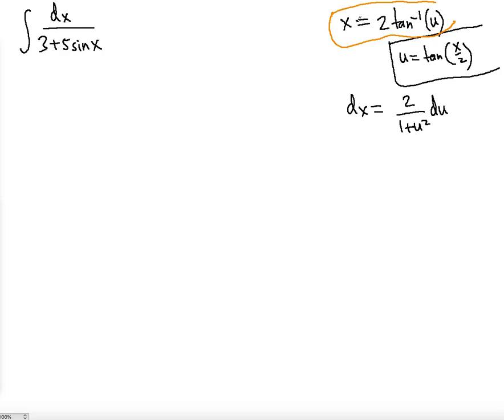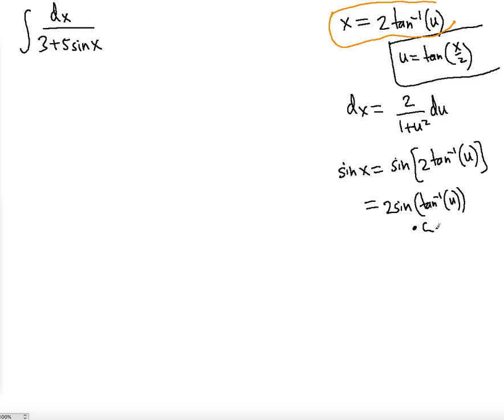Now sine x, we're going to use the x again. So sine x is going to be taking sine on both sides, right? So sine of 2 arctan u is, using the double angle formula, 2 sine of the arctan times cosine of the arctan.